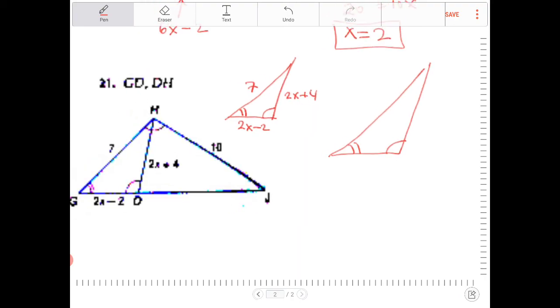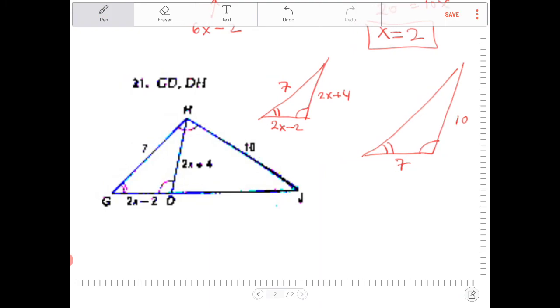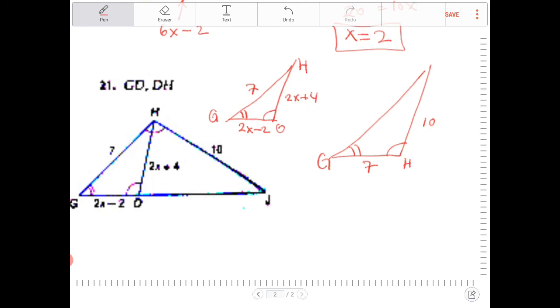So this will be 7, and this will be 10, and that's all I know. I don't know that other long side. Okay, so again, this is GHO, this is GHO, and then this guy over here is GHJ.